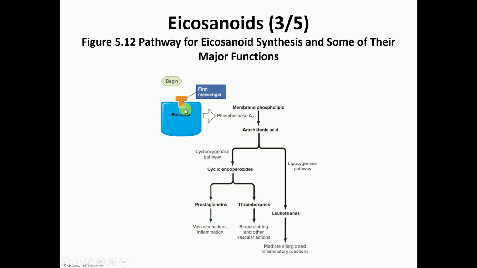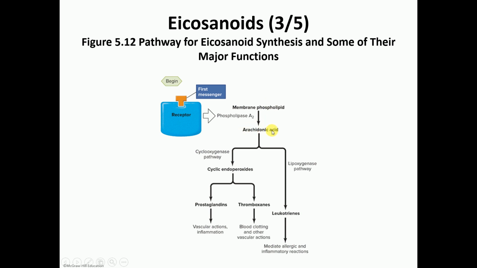So in the case of inflammation, that first messenger could be a stress signal coming maybe from another cell or from your immune system telling the cells that there's something wrong going on that will activate the receptor, and that would lead to the activation of an enzyme known as phospholipase A2 that will break down your phospholipid and change it into arachidonic acid.